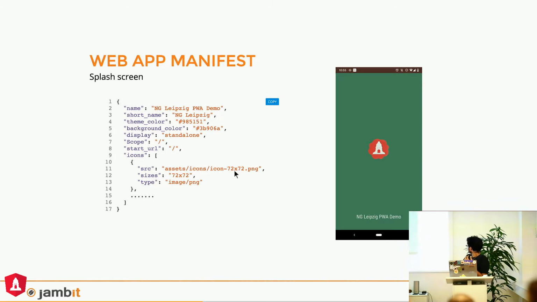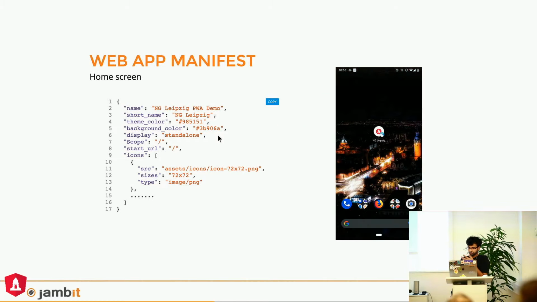And then once it's installed, when you try to open it, there's this splash screen that you will see, like you usually see in any app, where you have the possibility to color the status bar and give it some background color, with your icon in the center, and again show the name of your app.